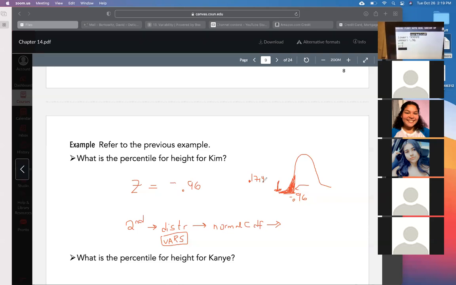And my upper is negative 0.96. My mean is 0 because we know 0 is right in the middle. And my sigma is 1 because remember, sigma is your standard deviation. And this graph was chosen to measure standard deviations, how many standard deviations you are away from the mean.